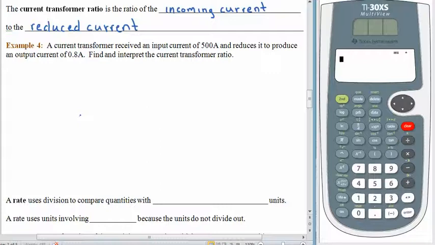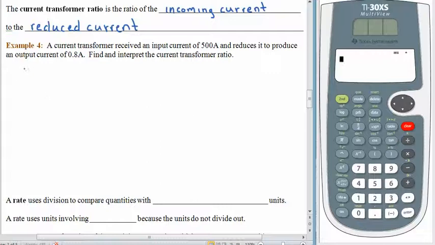So here we have a current transformer that has an input current of 500 amps and reduces it to an output current of 0.8 of an amp. So we need to find that current transformer ratio.